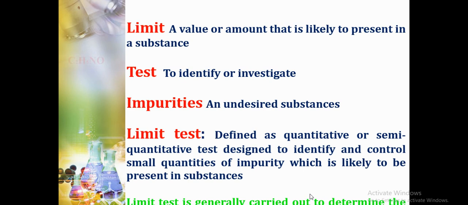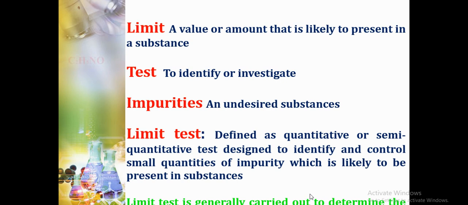A limit test can be defined as a quantitative or semi-quantitative test designed to identify and control a small quantity of impurity which is likely to be present in a substance. It can be active pharmaceutical ingredients. The important sentence, as you can see here: limit test is generally carried out to determine the inorganic impurities in a substance or in API.